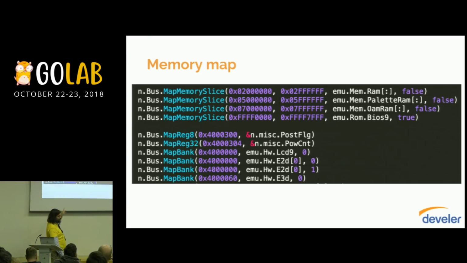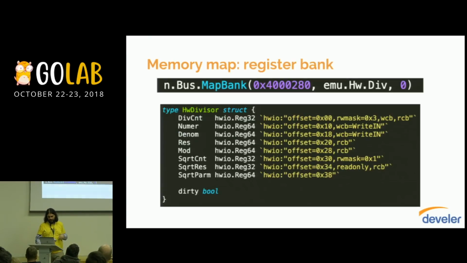And if you want to see how a single chip works, it's like this. This is, for instance, the hardware divisor I was discussing before. You can see that the first line is mapping the hardware divisor at a certain fixed address in memory. And then from there are several different registers which are defined using struct tags of Go. So for instance, let's say we get the res register. It's the result.